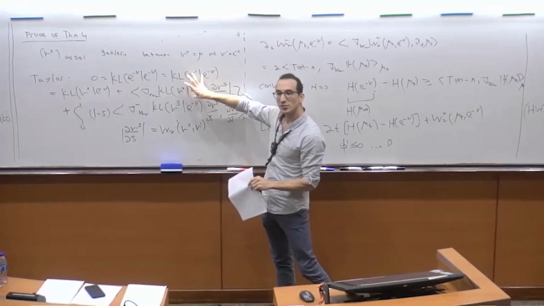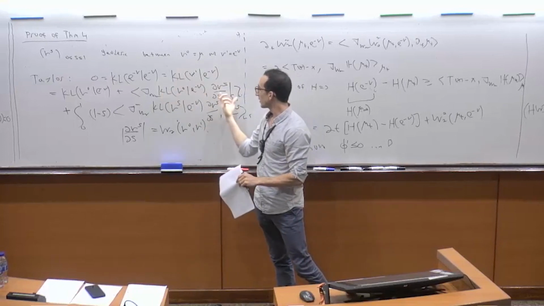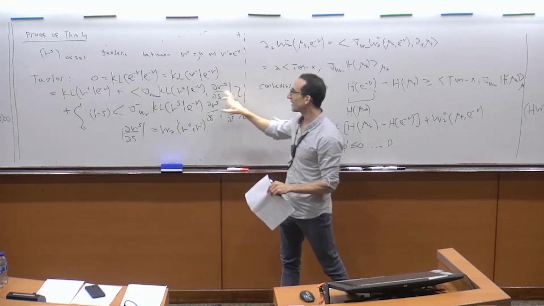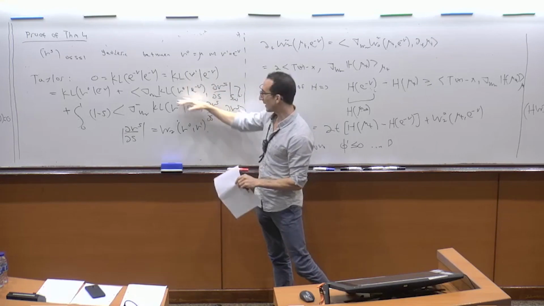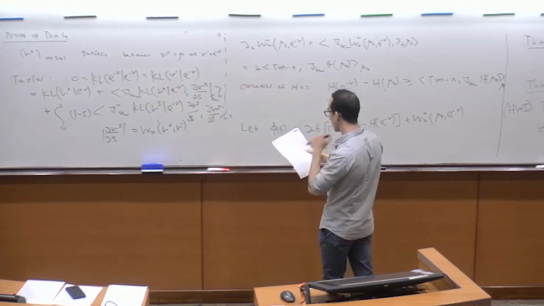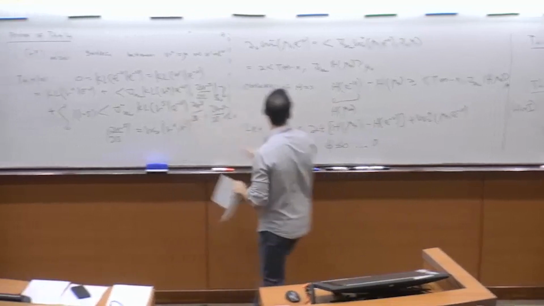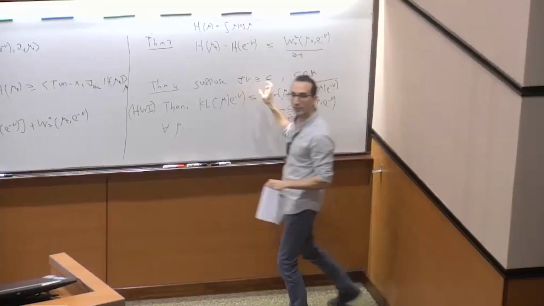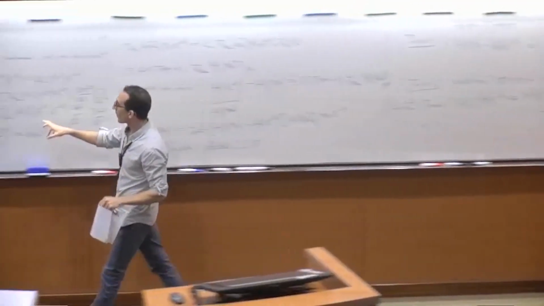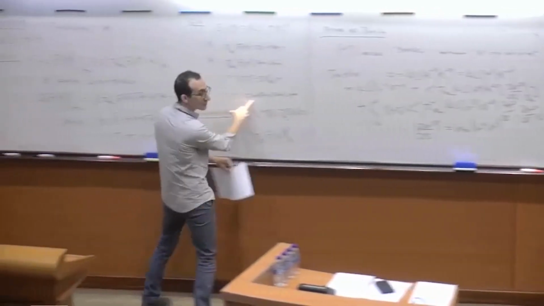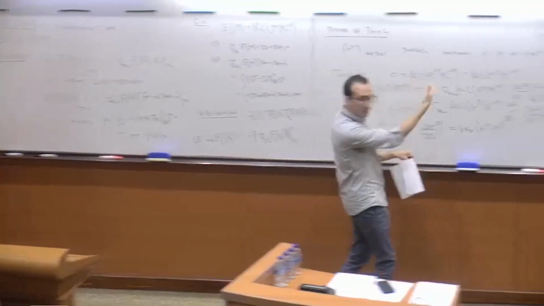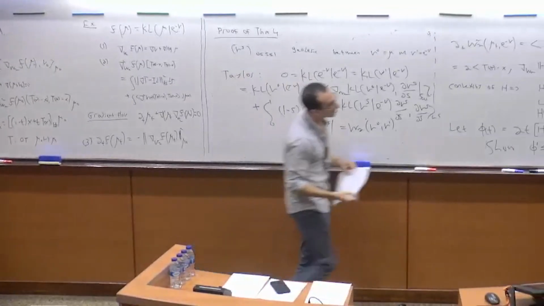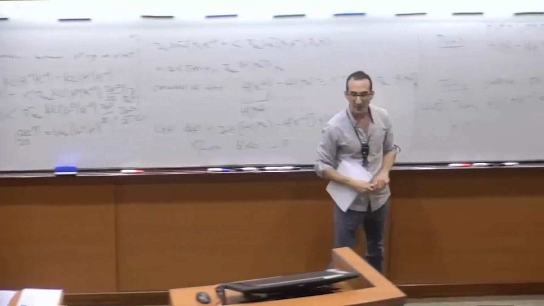In one of them, you just use Cauchy-Schwarz, and I told you we're going to use Cauchy-Schwarz once, so you use it on this inner product. And then for the second term, remember by assumption we had a lower bound on the Hessian of V in terms of some constant, and the Hessian of KL was related to this Hessian of V, so you plug that estimate in, do some computations, and you get it there.